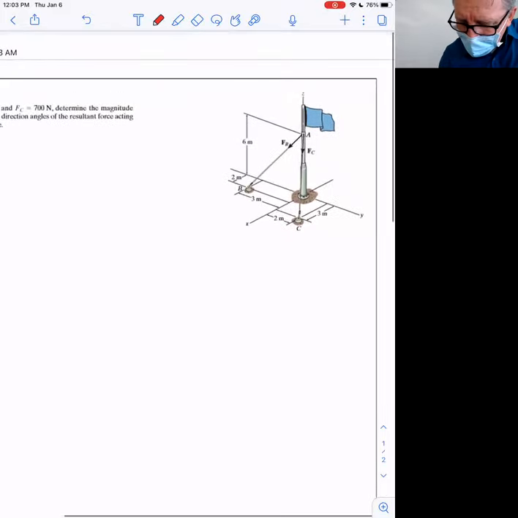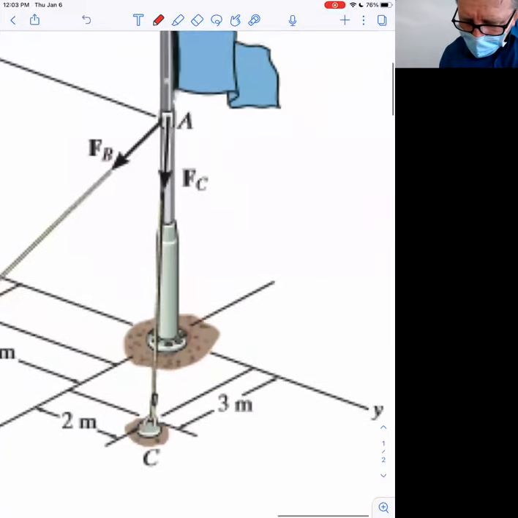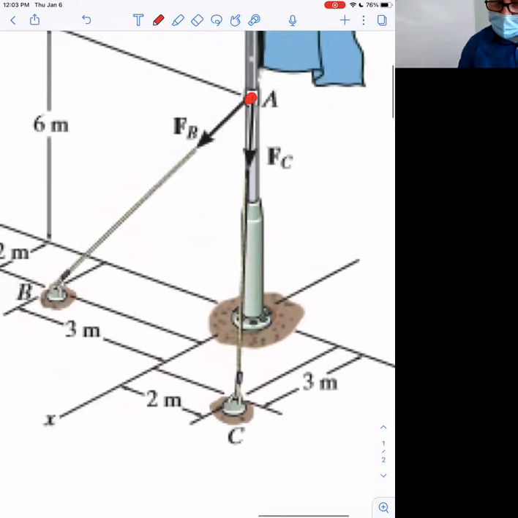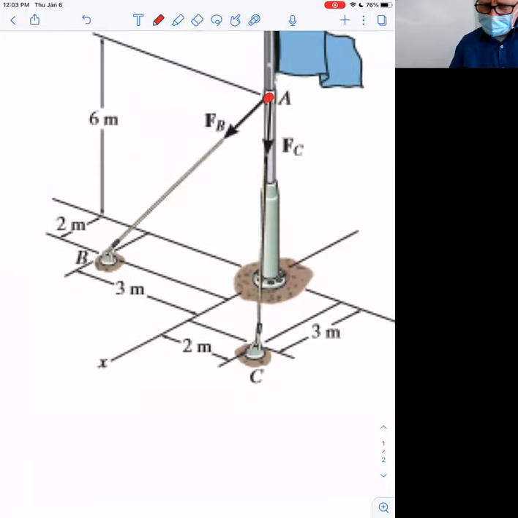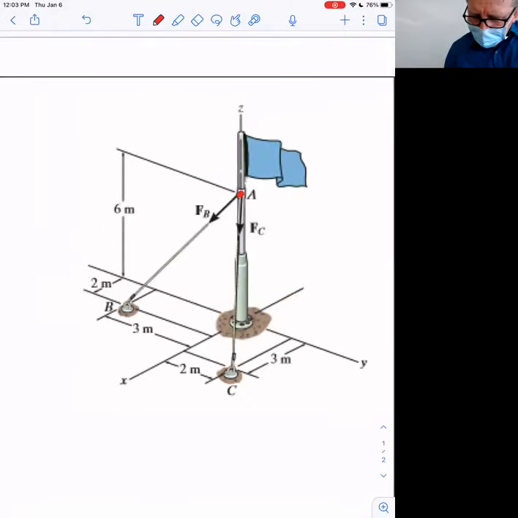Notice it's emanating from here, just like last time the rope was pulling on that ring. But the question is, what direction is it going? How far in the X, how far in the Y, how far in the Z? Is that given? 6, 2, and 3, I agree with that.